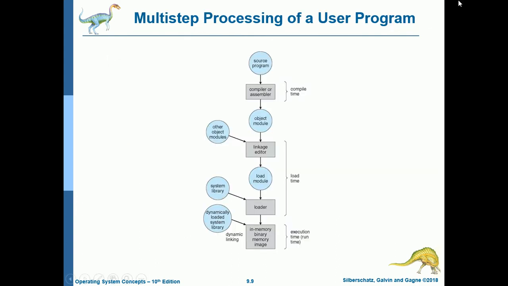As you can already see, this was shown in the previous lessons in operating systems. Again, our source program will be compiled by the compiler or the assembler. The product of the compiler or assembler is the object module, which will be combined with other object modules.